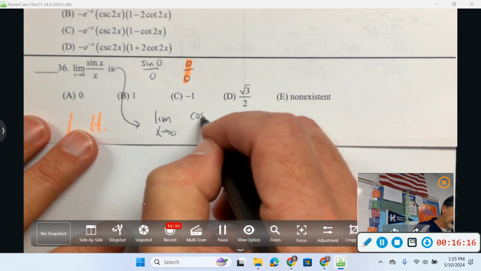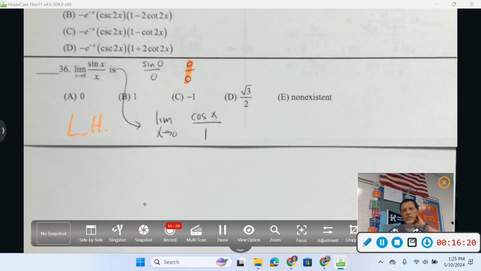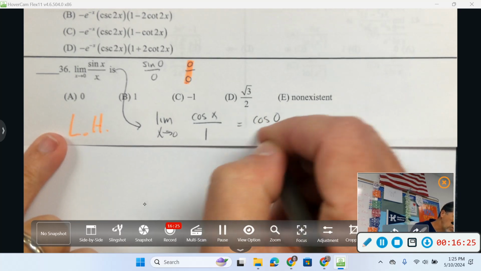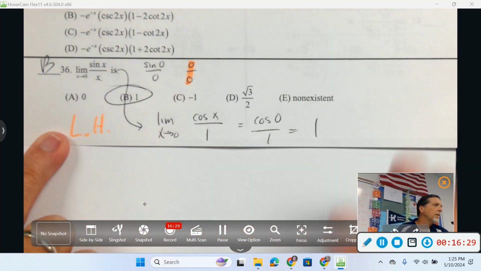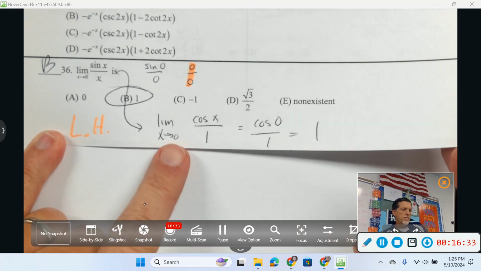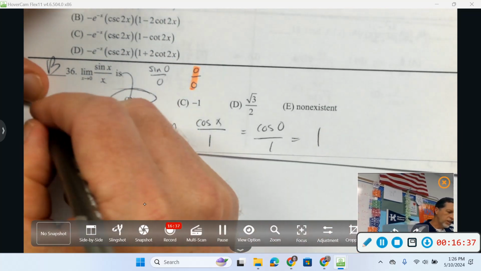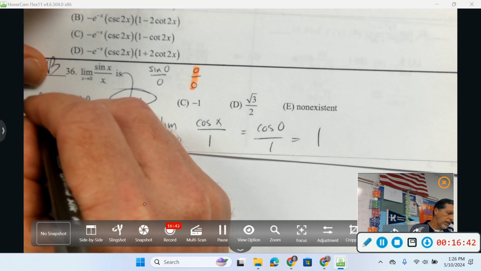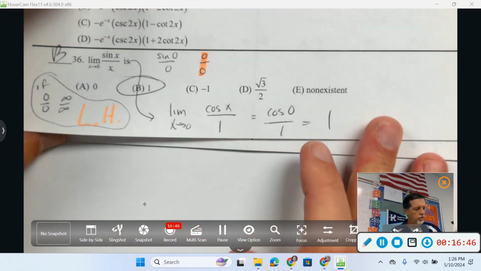Derivative of sine is cosine. Derivative of x is just 1. We plug in again. Cosine of 0 over 1 is just 1. Again, L'Hopital's is great, but only use it if you have 0 over 0 or infinity over infinity. Makes life easy, but only use it when you're supposed to.